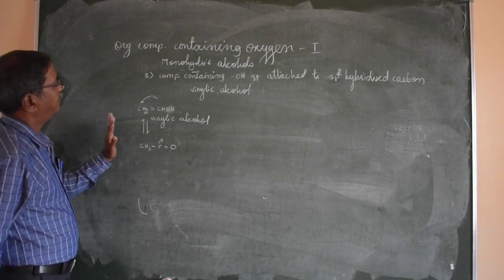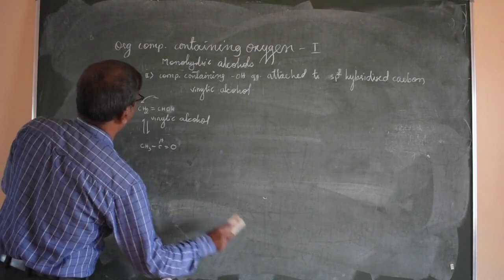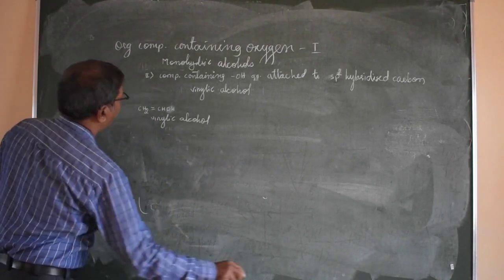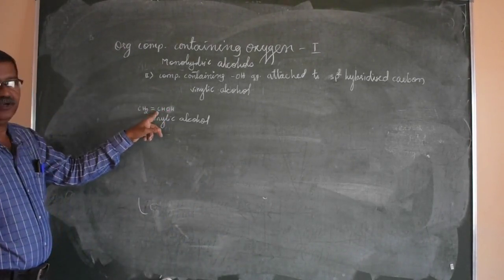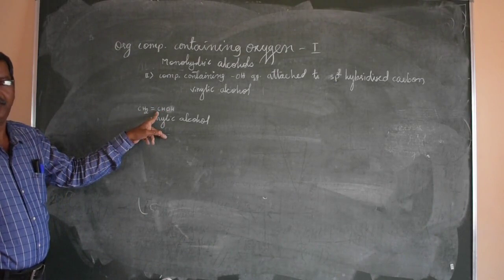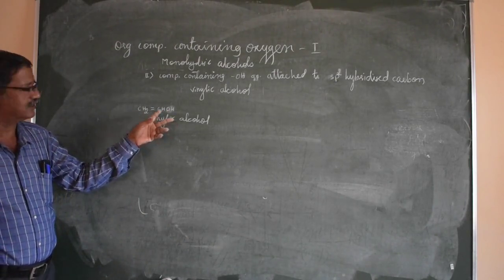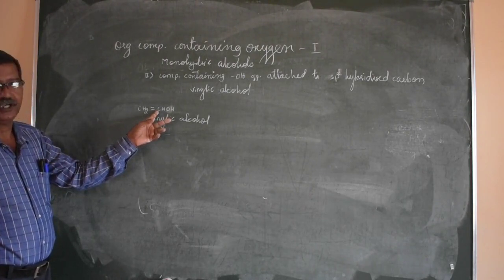So we don't have a discussion on vinylic alcohol. In vinylic alcohol, just see that the OH is attached to the double bonded carbon. When we have a double bond, it is called sp2 hybridized. So the carbon is sp2 hybridized.